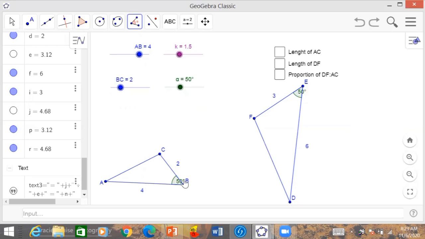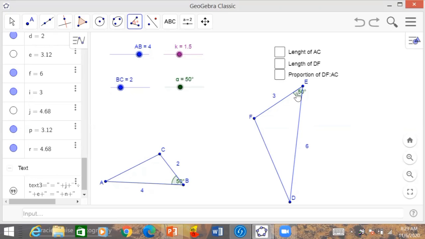Sides including angle E are EF and ED. Now here AB by DE, that is 2 by 3, BC by EF is equal to 2 by 3, are in the same ratio.